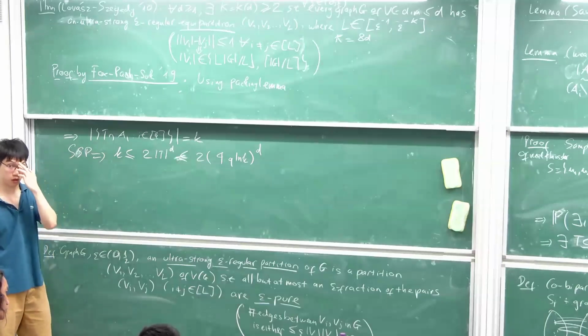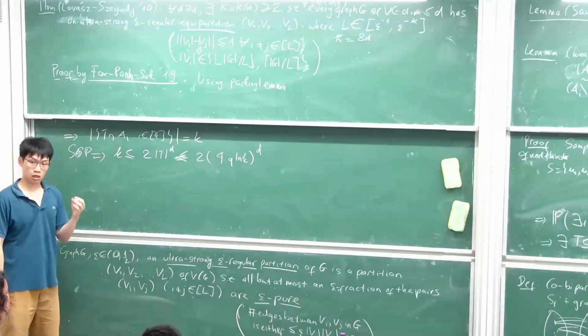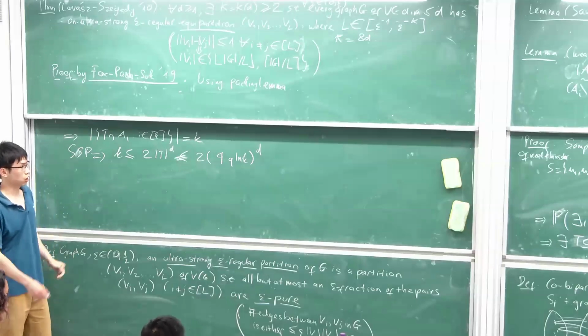So the T intersection A_i are all distinct.